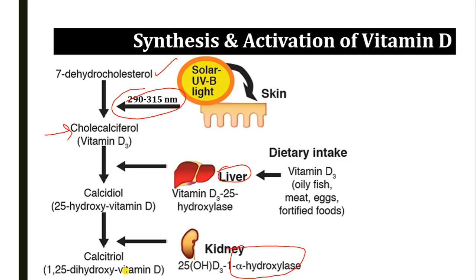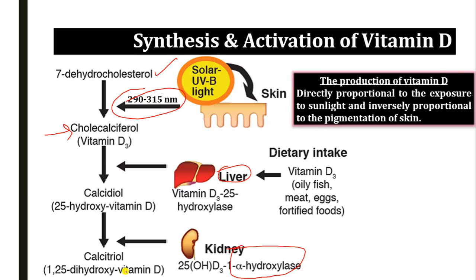For this reaction, 1-alpha-hydroxylase requires magnesium, NADPH, molecular oxygen, and along with that it also requires ferredoxin reductase as well as cytochrome P450.